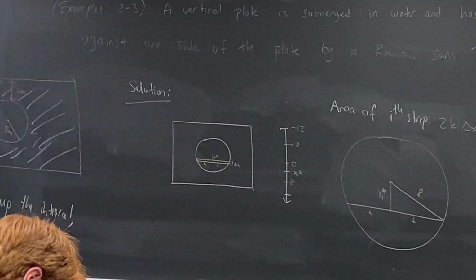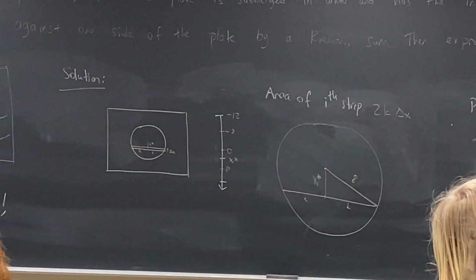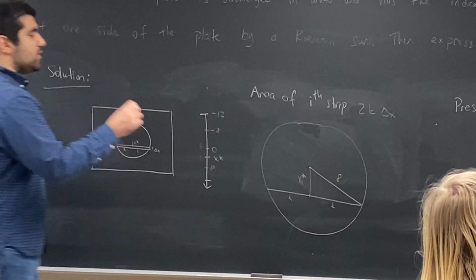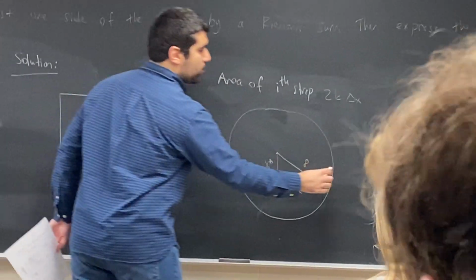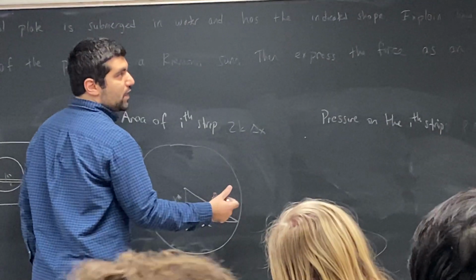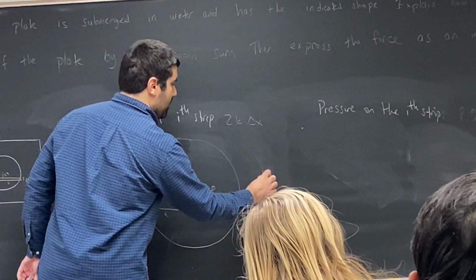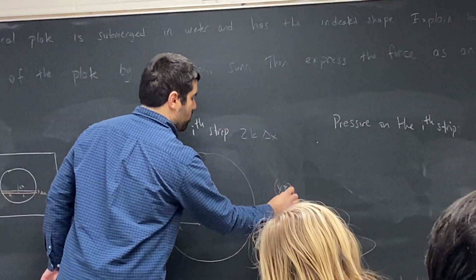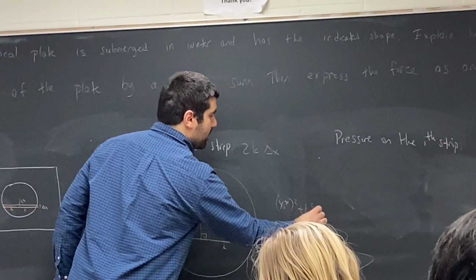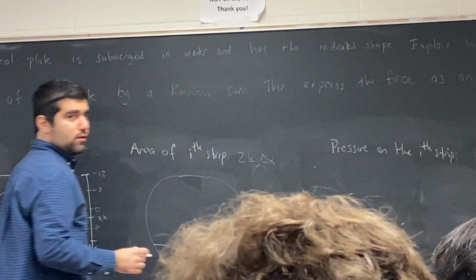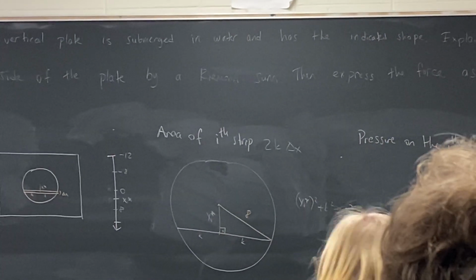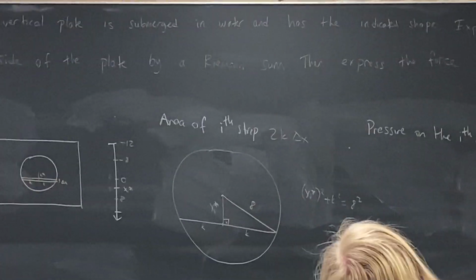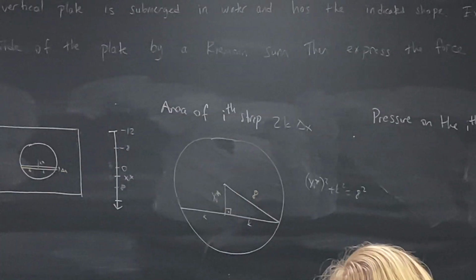So how would you set up a relationship between xi star and k? They're in the same right triangle, right? So obviously we can apply the Pythagorean theorem. Xi star squared plus k squared is 8 squared. Right?